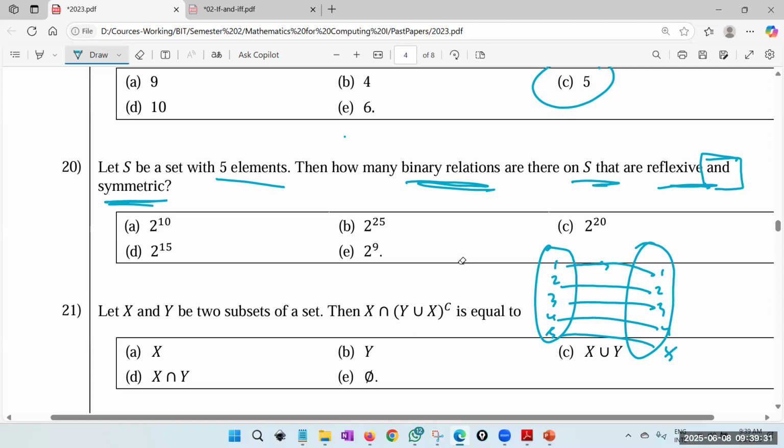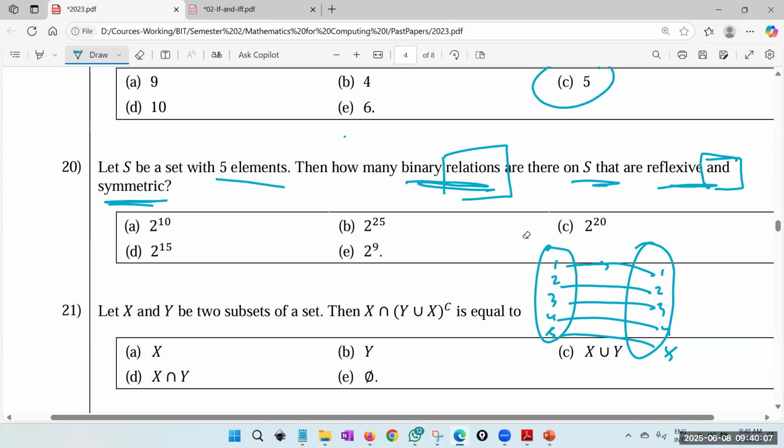But this talks about relations, right? Symmetric means if there's 1 to 2, there must be 2 to 1, right? But how can we calculate how many? If there's 1 to 2, there must be 2 to 1. If there's 1 to 3, there must be 3 to 1. But there are so many possibilities.